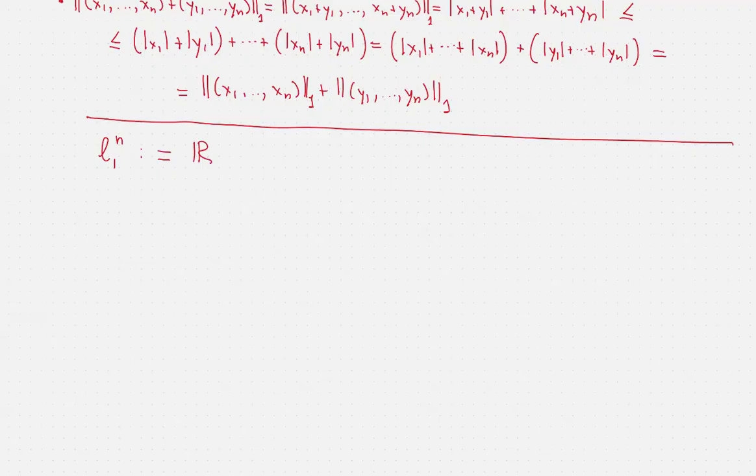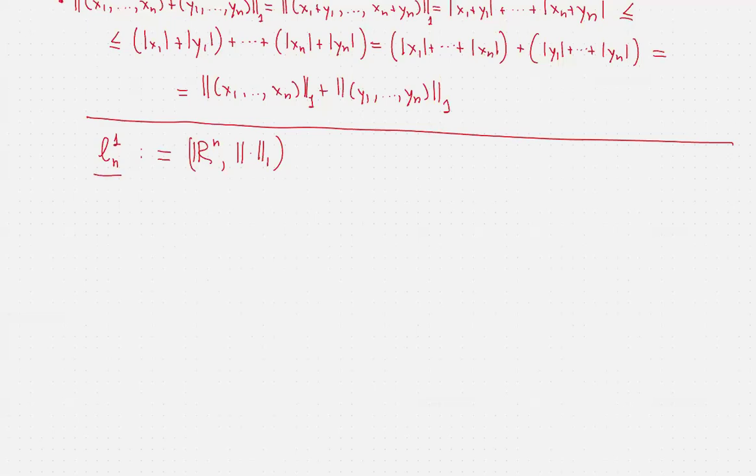So you will find both in the literature, but I want L1, the parameter that shows how the norm is defined, and then the n that shows the dimension underneath. So this is Rn equipped with the one norm. So by definition, we denote it by L1n. So we would like to show that it's complete.